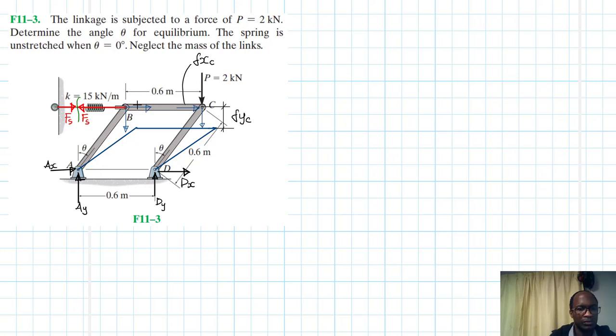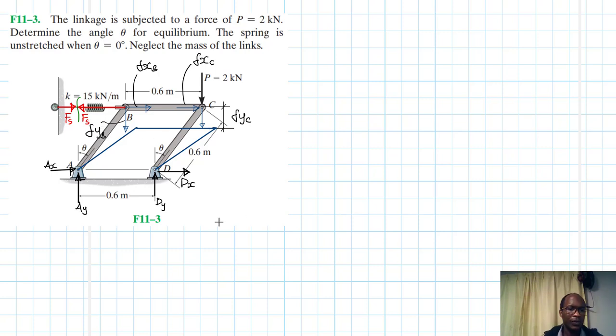So this one we'll call del xb. Okay, and then this one we'll call del yb.